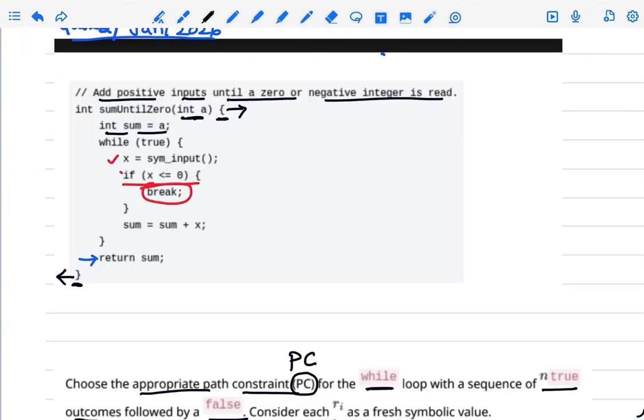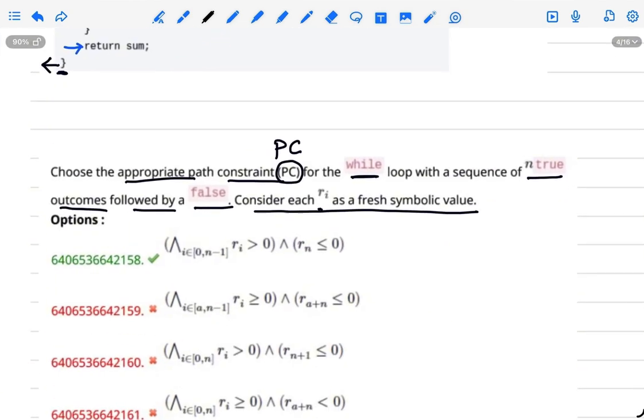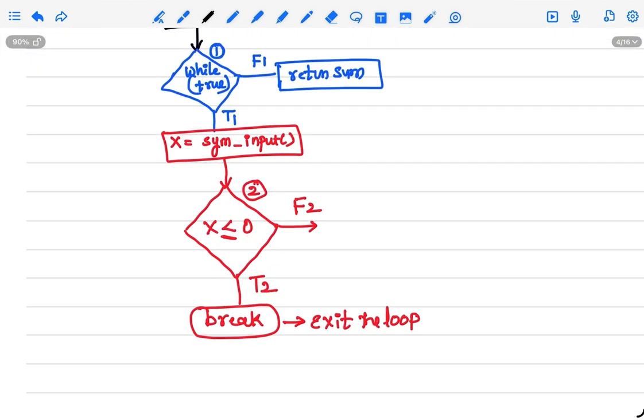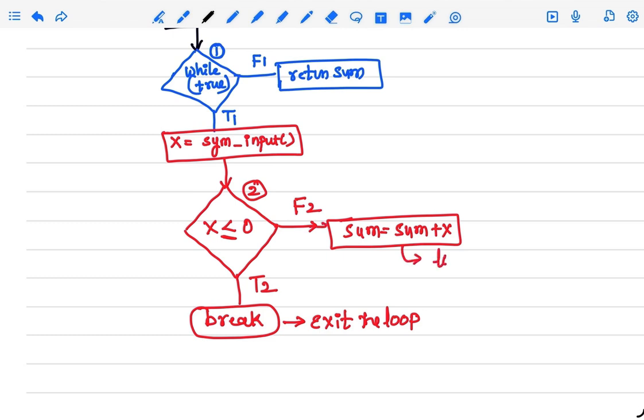If this condition is false, then directly after symbolic input it will reach this statement, sum equal to sum plus x. So this statement, sum equal to sum plus x, is executed. Here the loop continues, does not break.